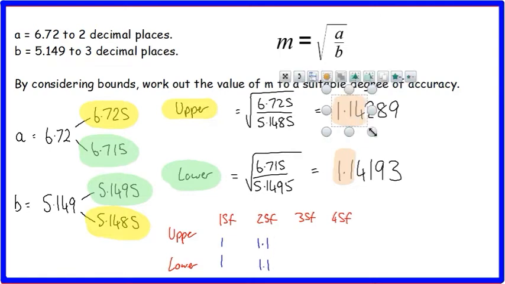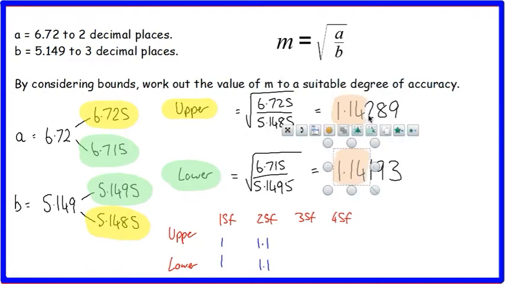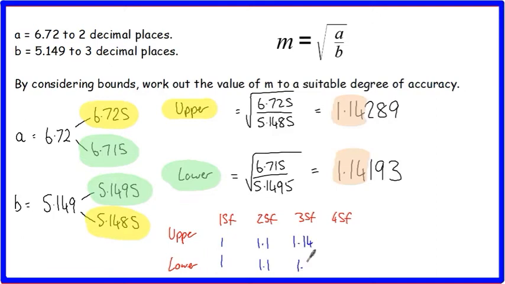Three significant figures, the 2 does not change that, the 1 does not change that. Still 1.14. Four significant figures, the 8 changes that to a 3, that's 1.143. And the 9 changes that to a 2, it's 1.142. So these are different. So your answer is just one back. And the best answer is 1.14.